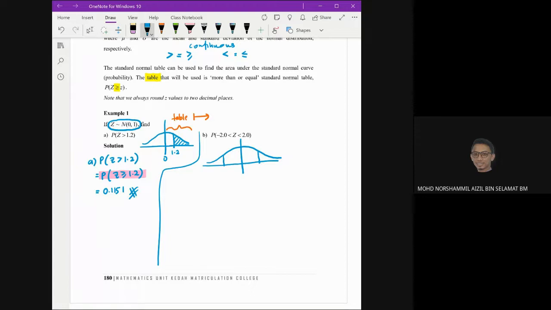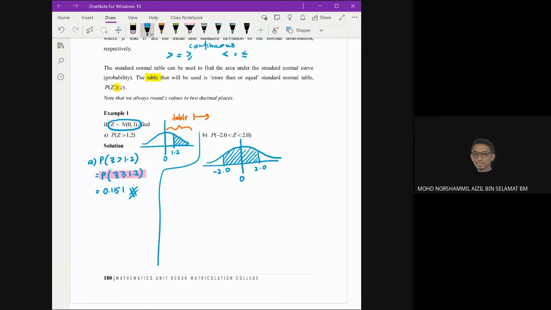Okay. So sini minus 2.0, yang ni 2.0. Betul tak? Boleh terima tak? Boleh, sir. Dia mesti symmetrical lah. Bell shape tu kena symmetrical, and then minus 2 tu dengan 2 tu pun kiri kanan tu size dia kena sama lah. Okay. So this is the shaded region that we want to obtain.